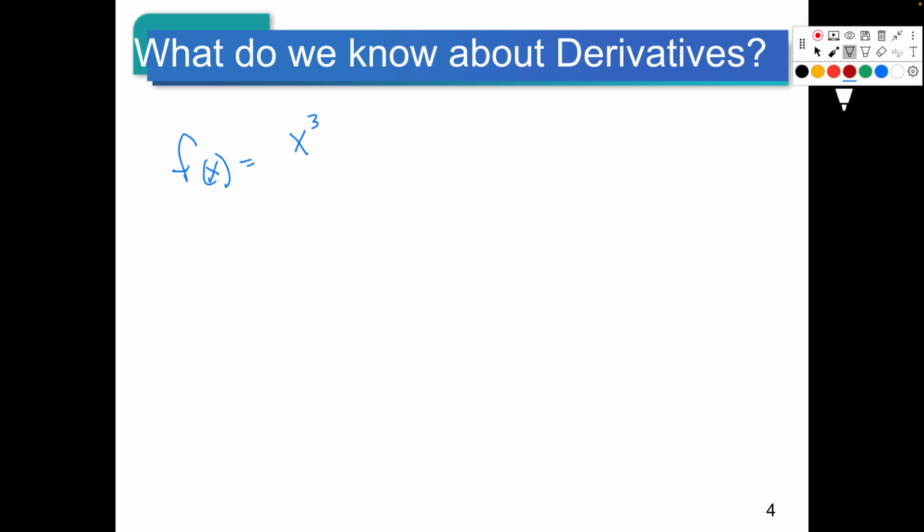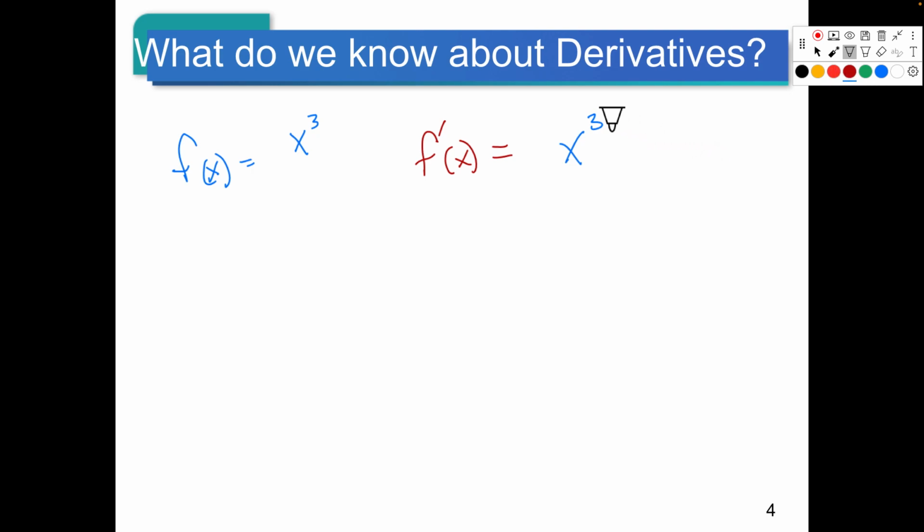So if our function is x to the third, what would be the derivative of this function? 3x squared, right? Let's do it a little slower. Let's go slow motion, all the pieces. What's the first thing we do?